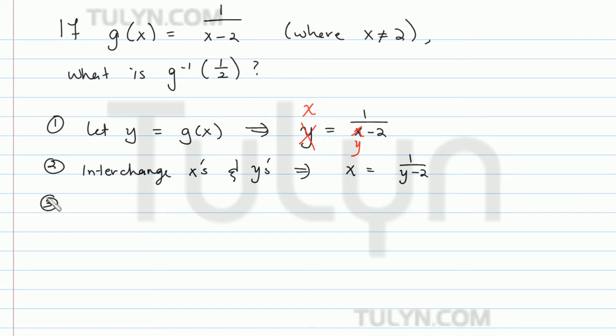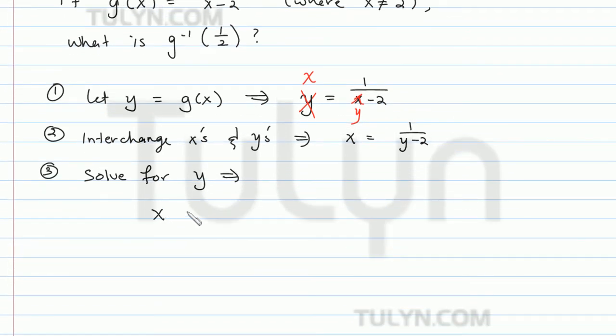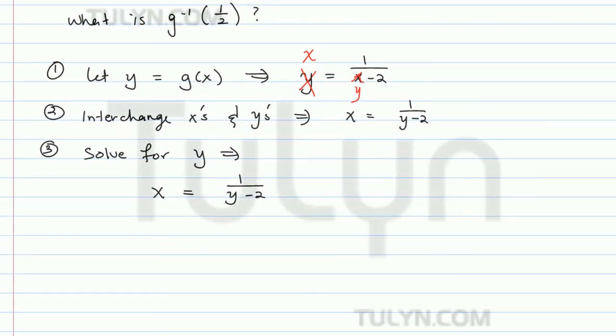So then the last step is to solve for y. So let's do that. I'm going to rewrite the equation so we can start manipulating it. We get x is equal to 1 over y minus 2. What I'm going to do first is multiply both sides of the equation by y minus 2.